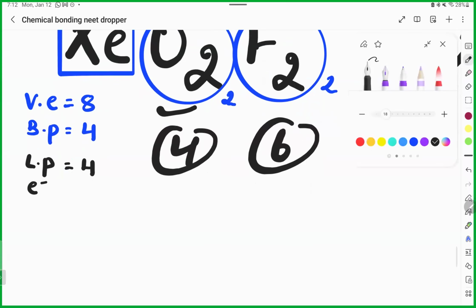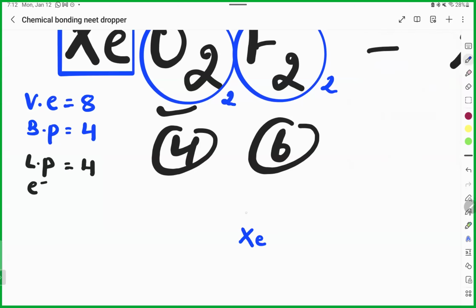Imagine you have xenon here. There are 8 electrons: 1, 2, 3, 4, 5, 6, 7, 8. Here you have one oxygen, here the second oxygen, here one fluorine, here the next fluorine.